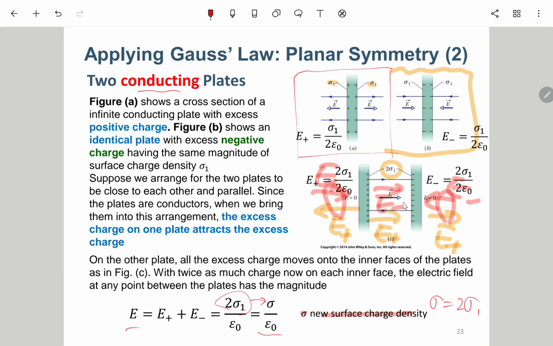It goes from the positive plate to the negative plate with a uniform magnitude. This is the simplified model for the capacitor.